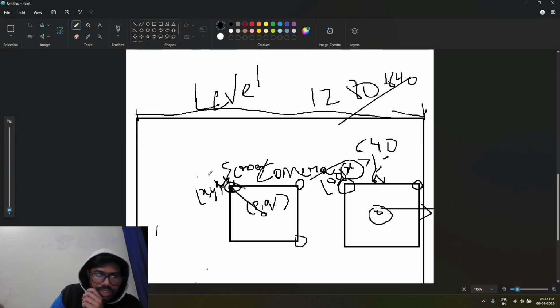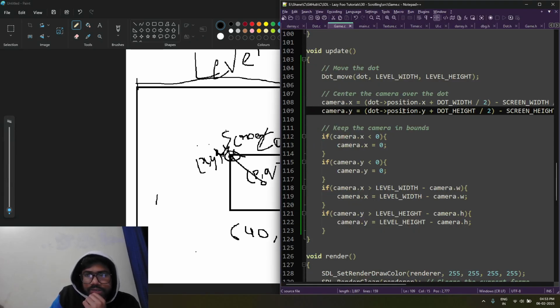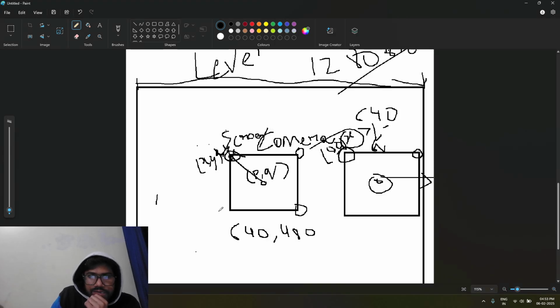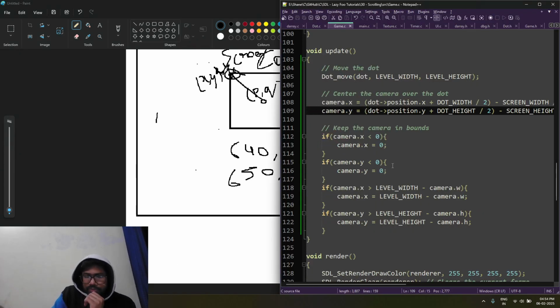So if my dot position is 640 by 480, then we take its position plus the half width, which becomes 650 by 490, and then we subtract it from the screen width by 2.